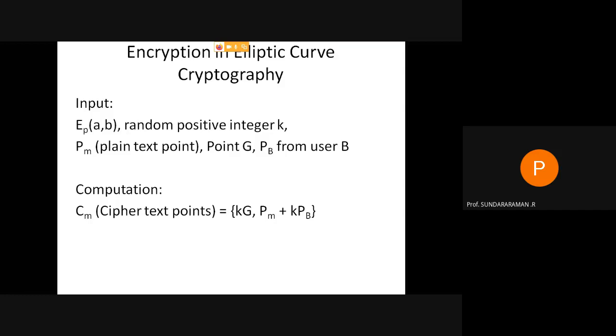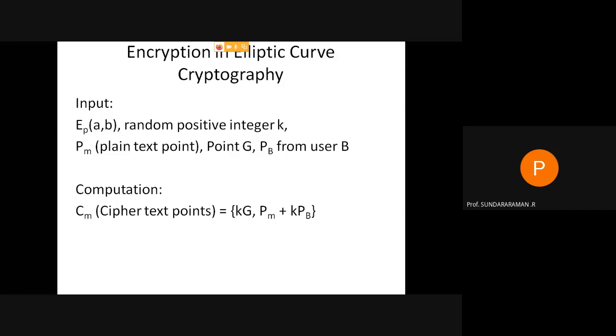Then I also require one public key from user B. So I require a part of the key from the user for doing the encryption process. This is one important step in the case of encryption. Pb can be calculated by performing scalar multiplication using nB and G, as we discussed in the key exchange protocol, where both users have access to the point G. Using that point G, user B will be able to calculate Pb.